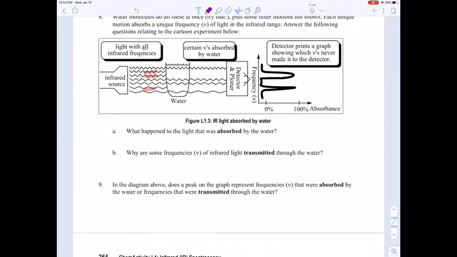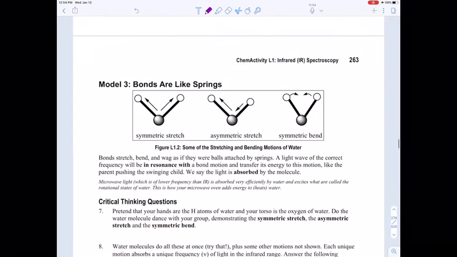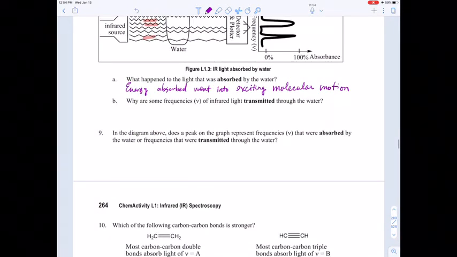So yeah, it was absorbed by the water, but the energy absorbed went into exciting molecular motion. In other words, as the water absorbed these wavelengths of light, it started doing these things up here with greater frequency.